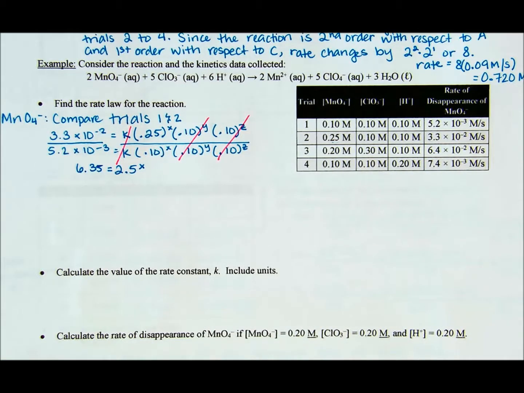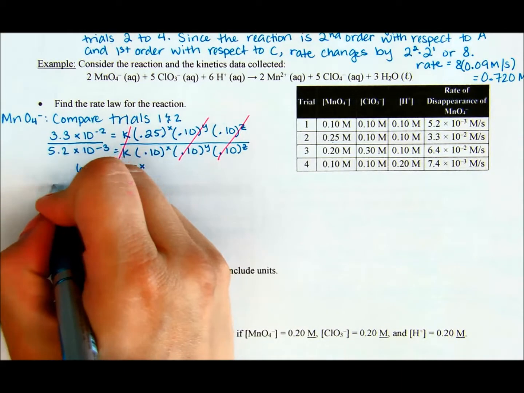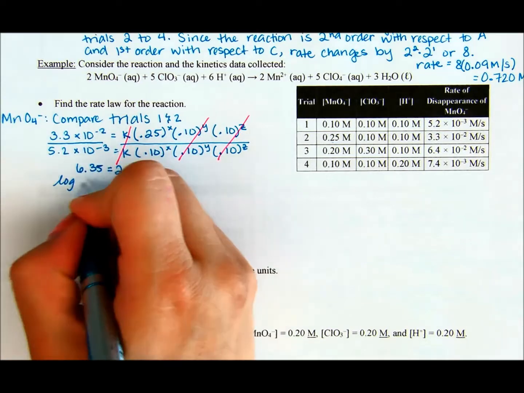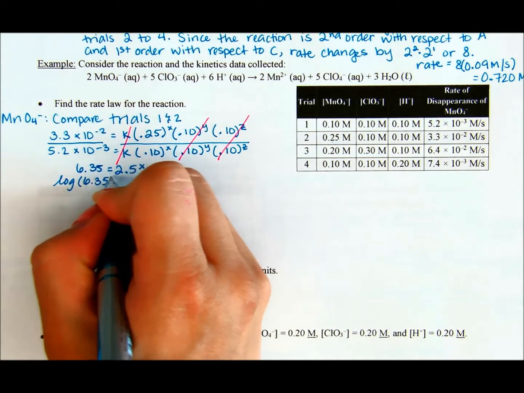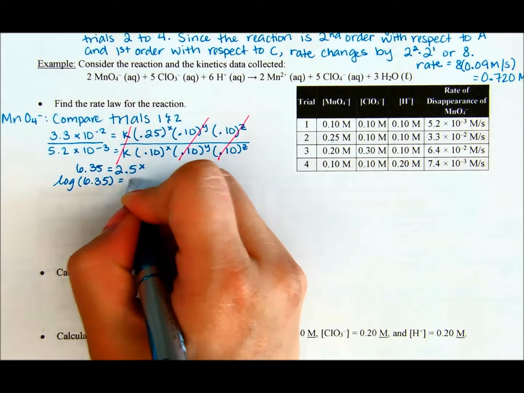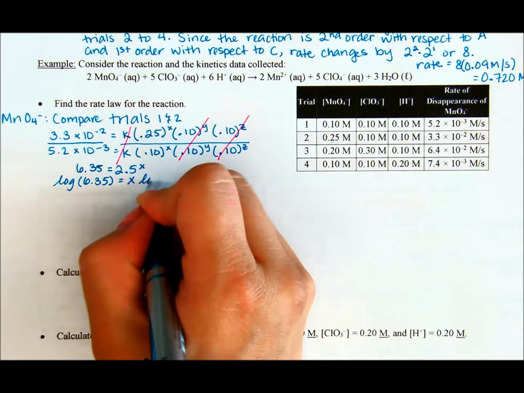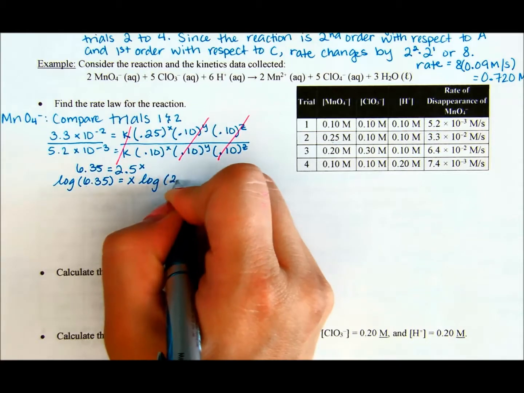I hope you remember your log rules here because we're going to need to use logs. So log base 10, not natural log, so make sure you're not using ln on your calculator, you're using log. So based on the definition of a log, the log of 6.35 equals x times the log of 2.5.